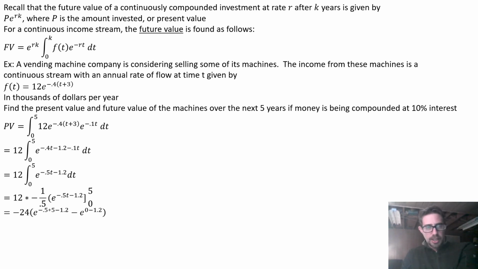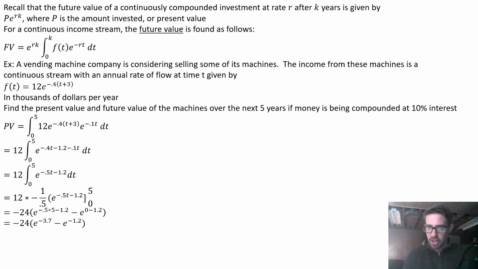So 12 divided by negative a half is the same as 12 times negative 2. And then it's e to the negative 0.5 times 5 minus 1.2, minus e to the 0 minus 1.2. So calculator time: apparently that's a negative 3.7, and that's negative 1.2.